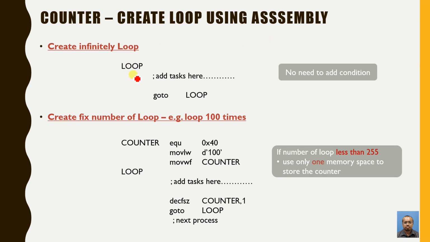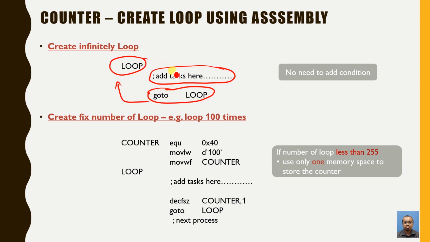The structure, as I mentioned just now, looks like this. You have loop, and then you have your instruction, and then go to loop, which means it goes back here and executes the instructions. What it does here is an infinite loop, meaning it will do it forever. But if you want a fixed number of loops, for example 100 times, you have to make use of a counter.